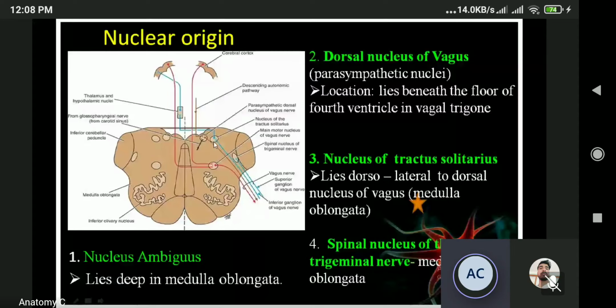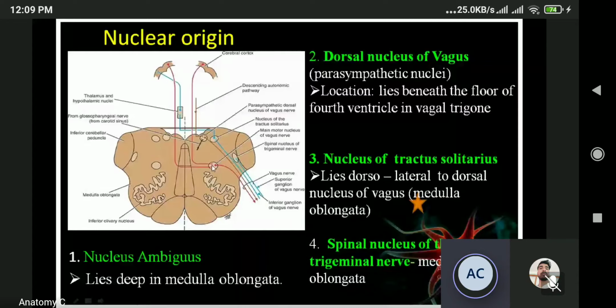Now next, we have another motor nucleus. It is present in the deeper part of the medulla oblongata. So this is the nucleus ambiguus. And you know the nucleus ambiguus is mainly formed by three cranial nerves. What are those? 9, 10, 11.